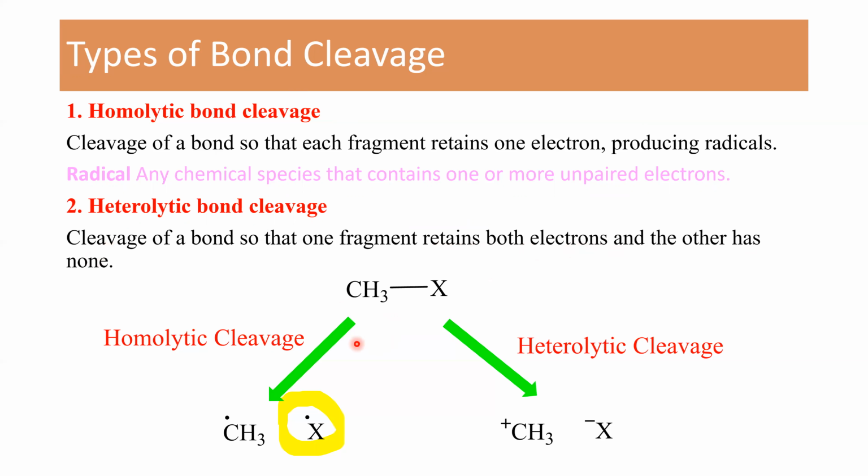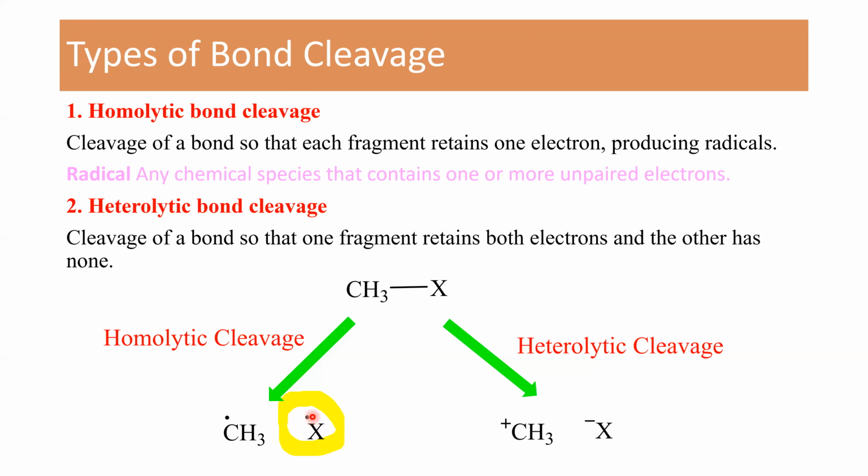So here we can see the example. This haloalkane bond can be broken in two ways. The homolytic cleavage is when both the carbon and the X which were forming that bond, so here this bond is actually between the carbon and the X. This is just for simplification, written as CH3 on that side facing the X. So this methyl radical is there, and it gets the unpaired electron.